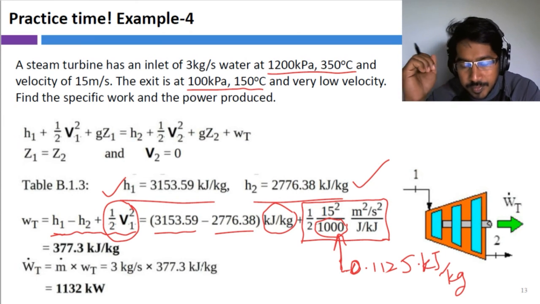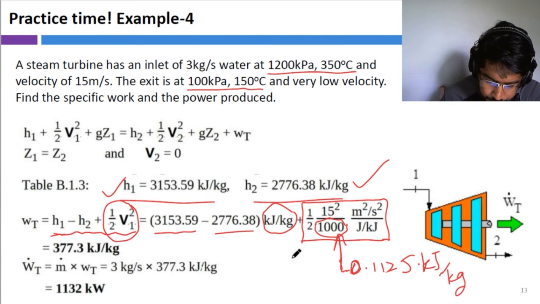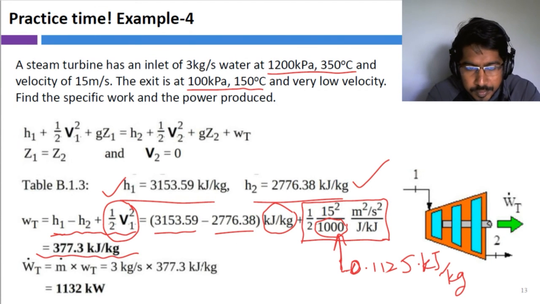Now, 0.1125, you compare that to this number. Is it significant? Compared to this number, is it significant? The turbine work compared to the energy input by the velocity of the inlet fluid, is it significant?